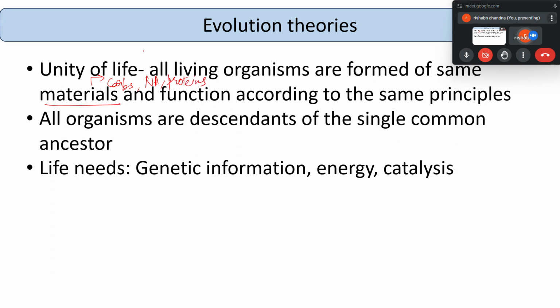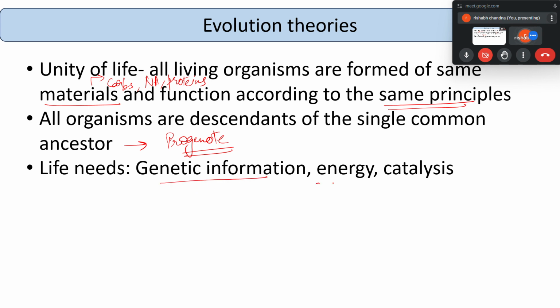The basic constituents of these biomaterials are the same, and they function on the same principles. Then, all organisms are descended from a single common ancestor, which was named the progenote by the last kingdom classification given by Carl Woese.